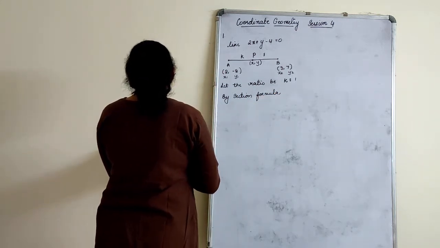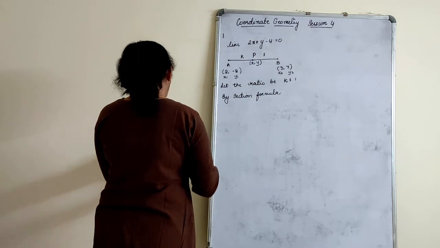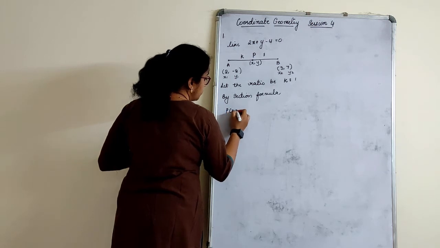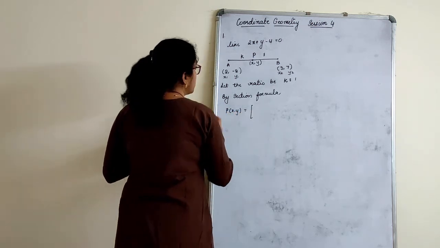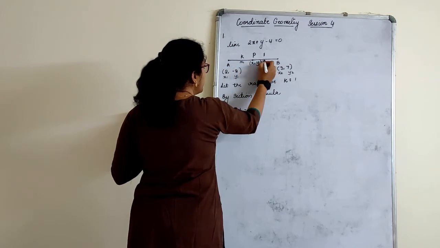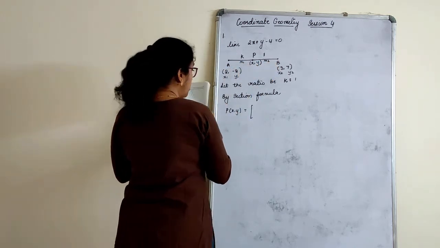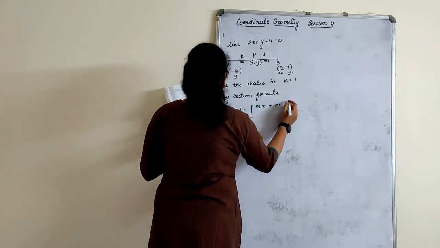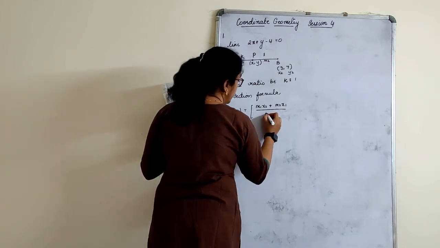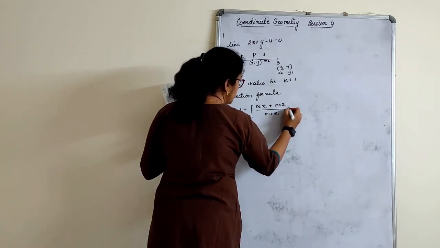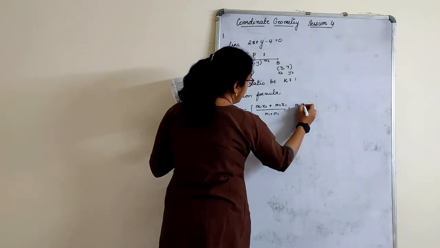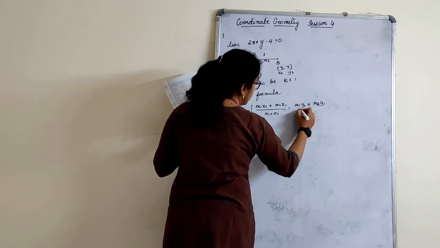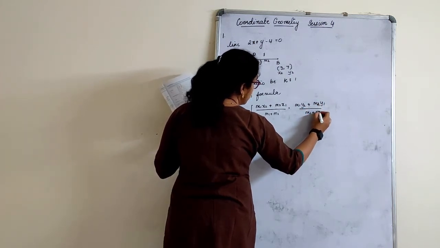So section formula, we get that P(x, y) is equal to, what is the formula? That means this is my m1 and this is my m2. The formula is (m1 x2 plus m2 x1) divided by (m1 plus m2), comma (m1 y2 plus m2 y1) divided by (m1 plus m2).